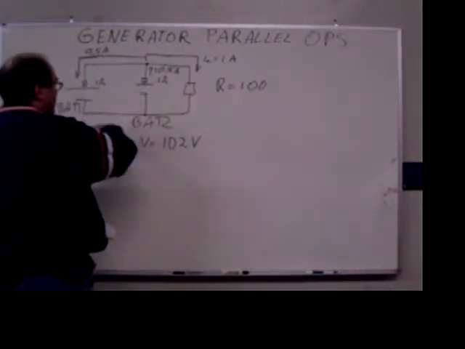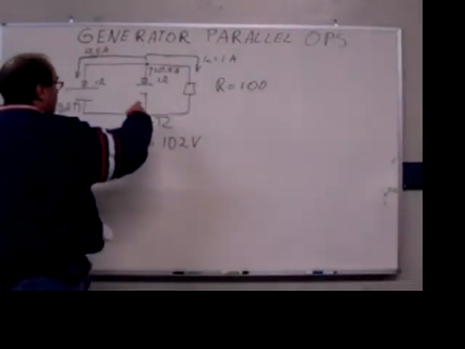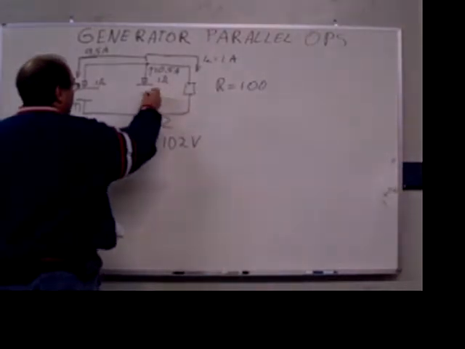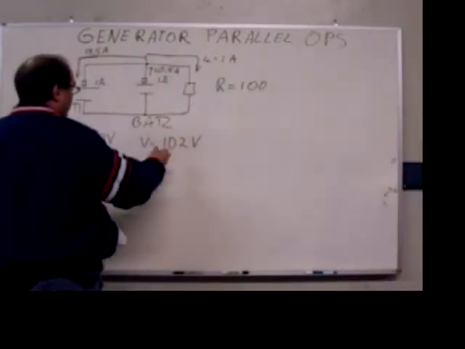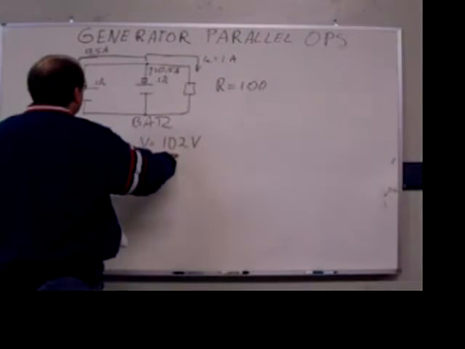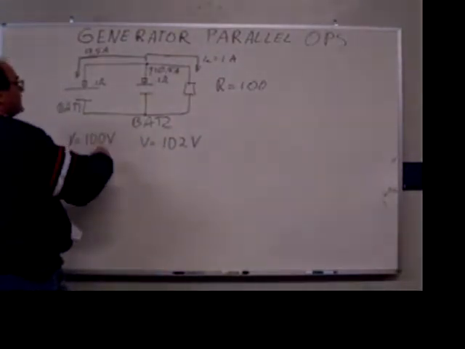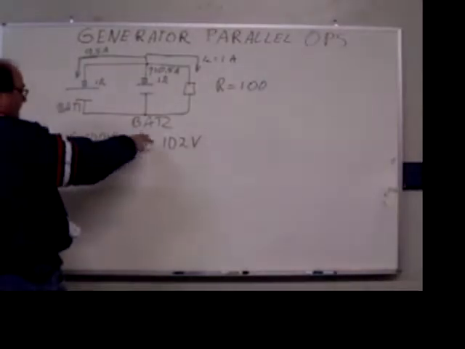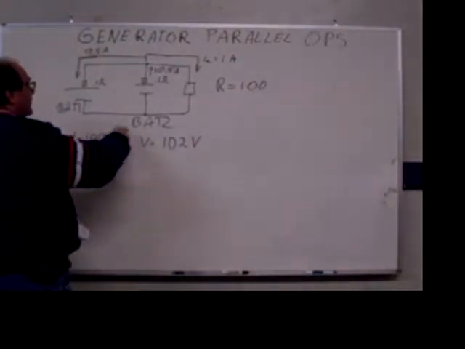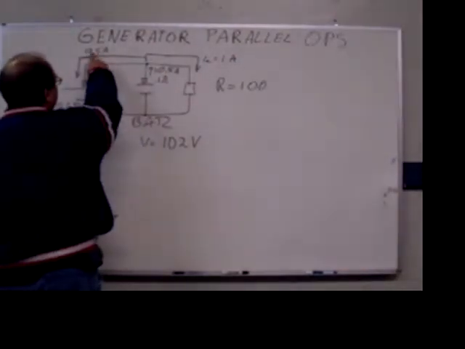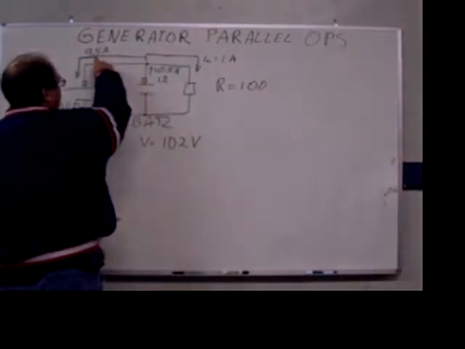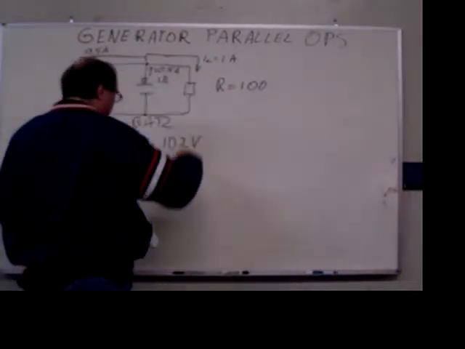Over a period of time, this voltage is going to come down and this voltage is going to come up until they both reach an equilibrium. Once they have, these currents will drop off, and you will have only the load.